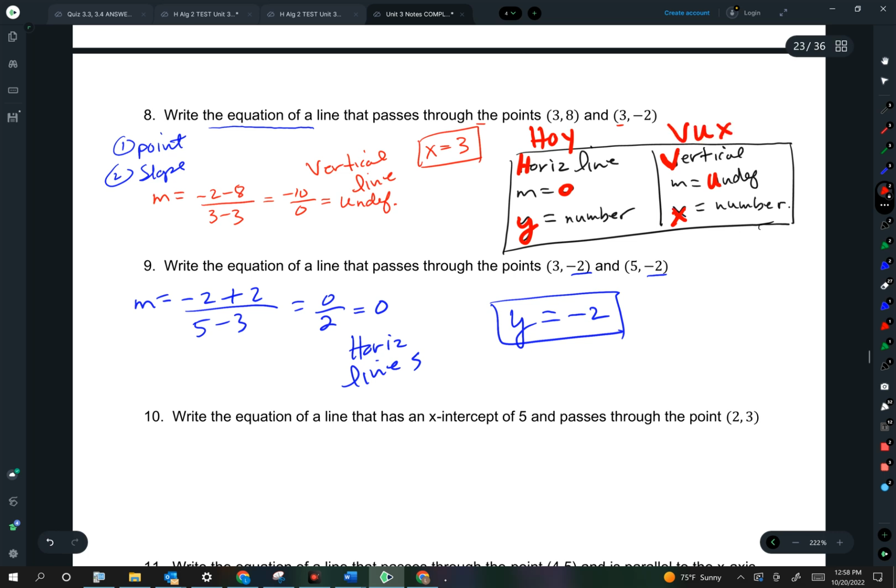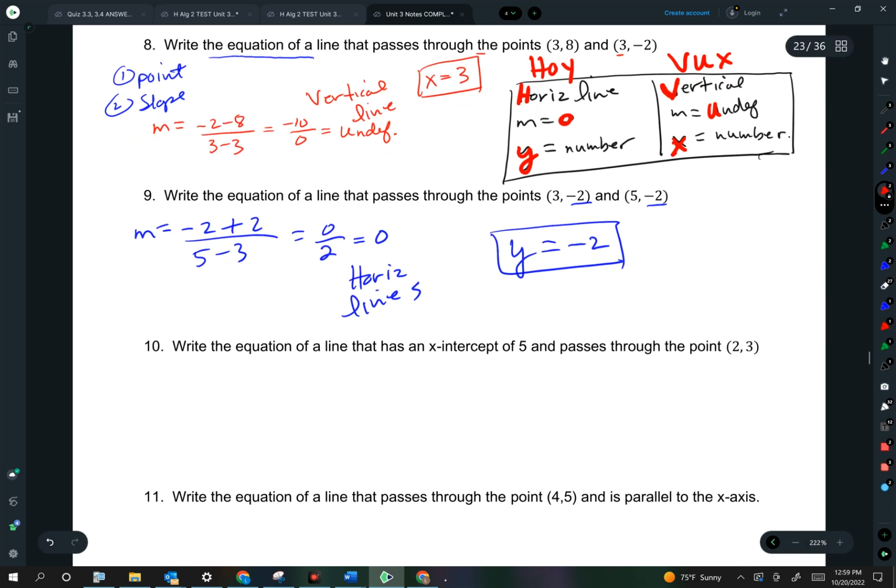And so they say the phrase hoy vux, hoy vux. I know it sounds stupid, but it has always made me remember, and a lot of times when I tell students, they seem to find it easy to remember this way. That's how you know which one, horizontal or vertical, has 0 versus which one is undefined, and which one has the equation y equals a number versus which one has the equation x equals a number. Okay, so keep that in mind.